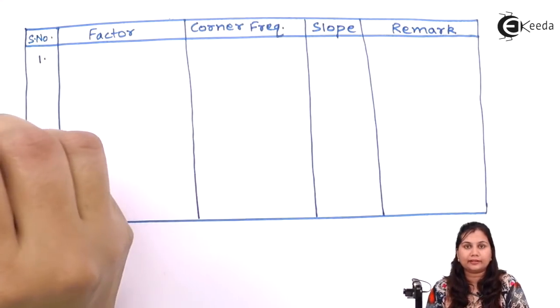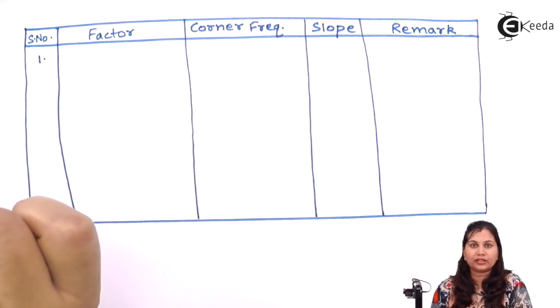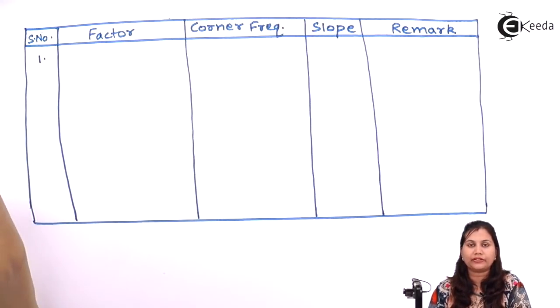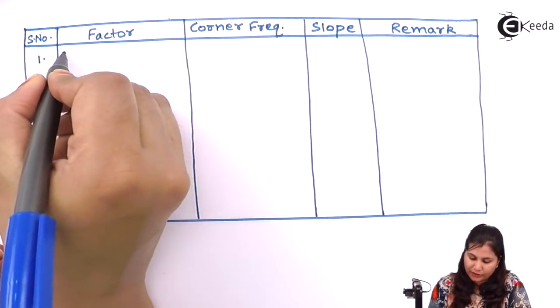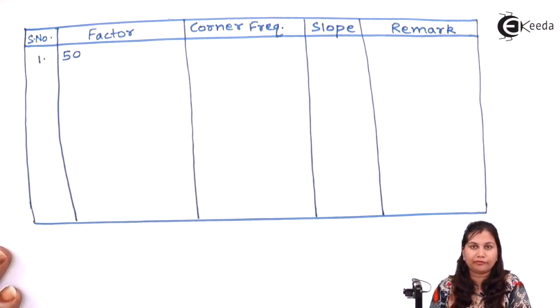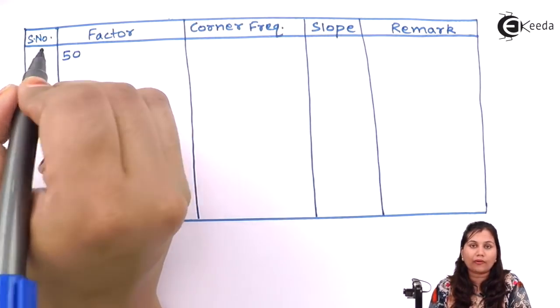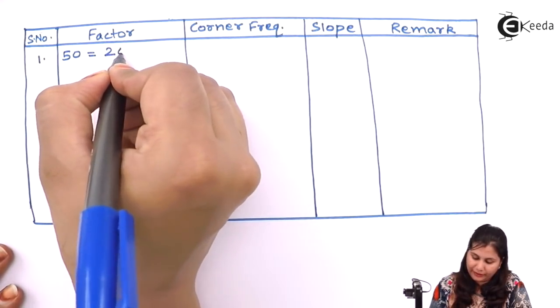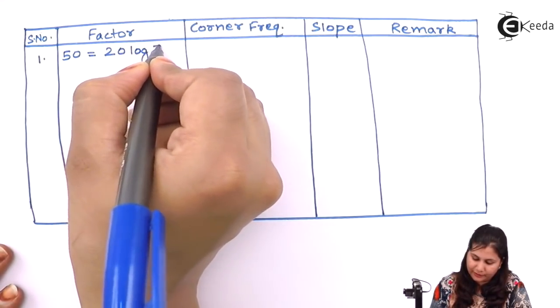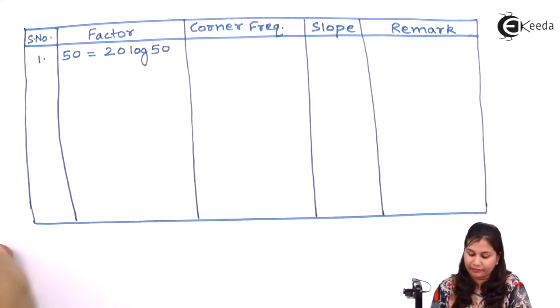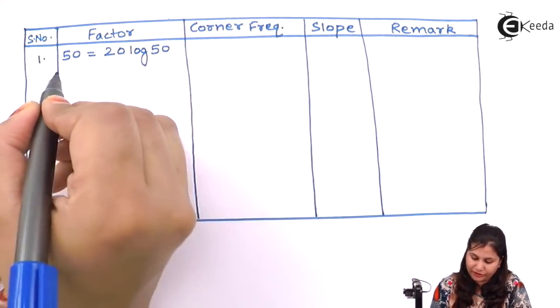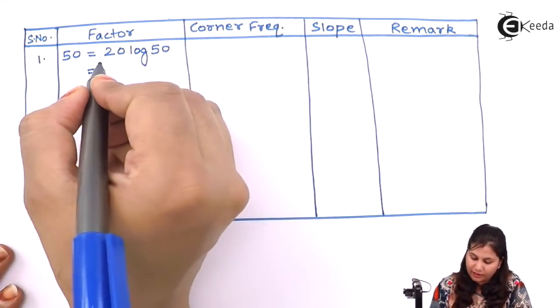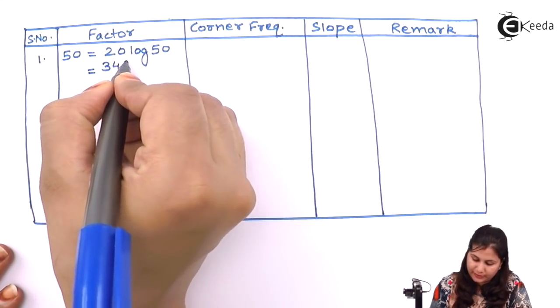So the first factor in the magnitude equation is the constant term. In the transfer function we have the constant term as 50. So first factor is the constant term 50, and the magnitude of this constant term 50 will be given by 20 log 50. And when we calculate this 20 log 50, it will come out to be 34 dBs.